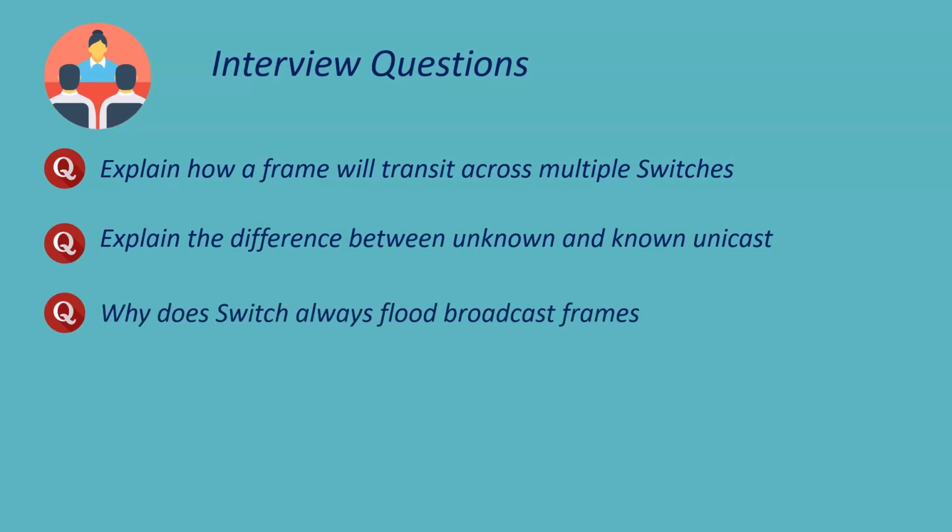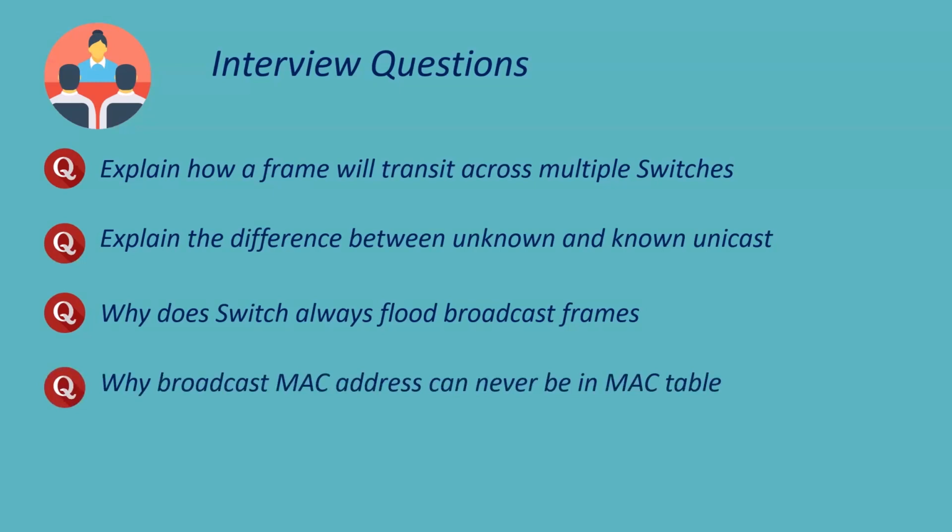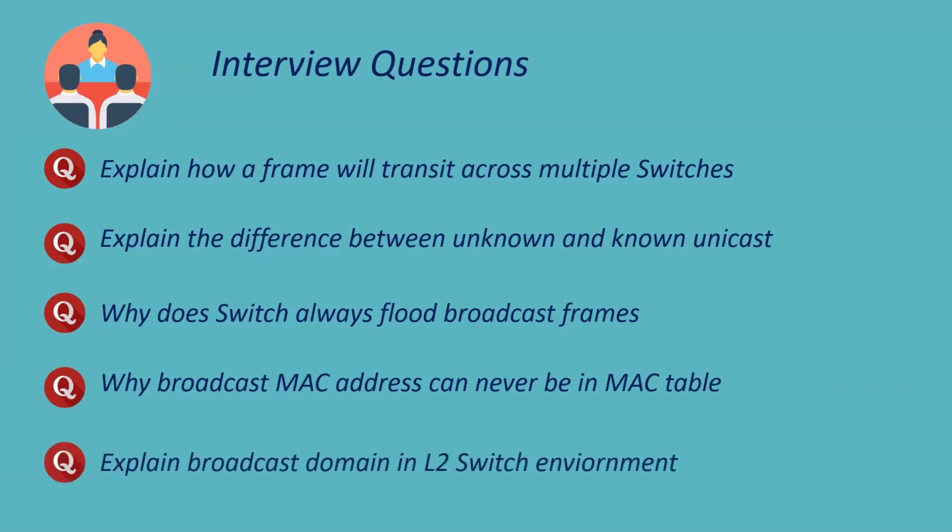Be able to explain why the switch always floods broadcast frames, and why a broadcast MAC address can never be in the MAC table. And finally, explain the concept of broadcast domains in an L2 switch environment.